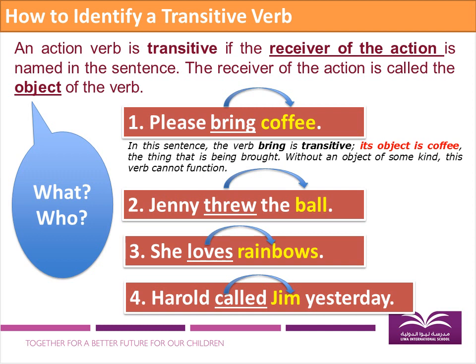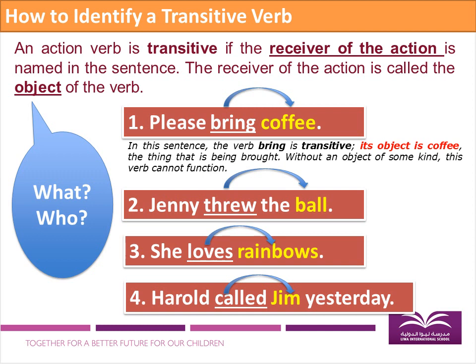Let us have number 1. Please bring coffee. What is our verb here? In this sentence, the verb bring is transitive. So our verb is bring. And this verb is a transitive verb. But why and how?